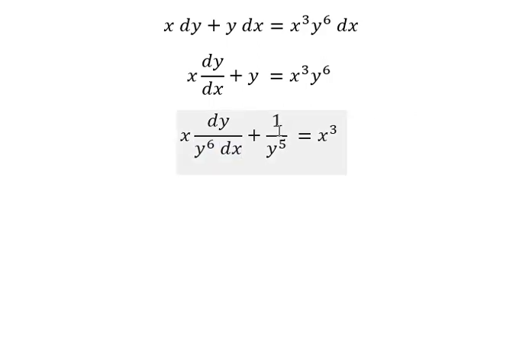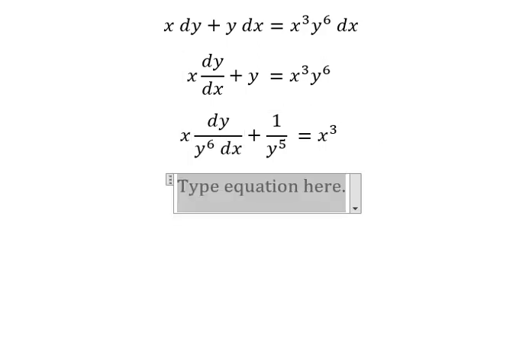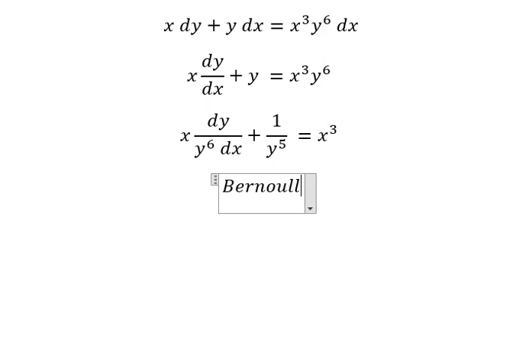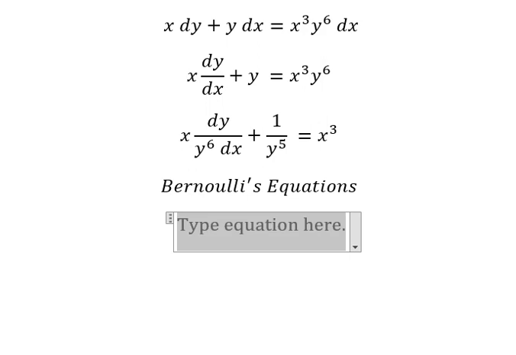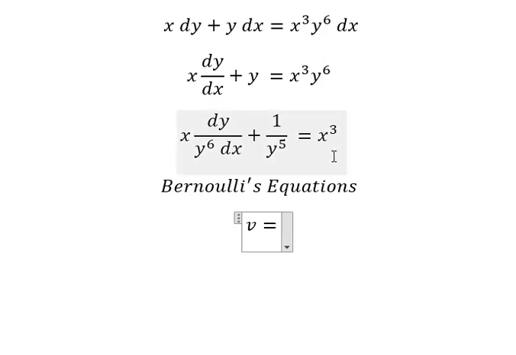So we have 1 over y to the power of 5, dy over dx, equals y to the power of 6. This is about Bernoulli's equation. So we can put v equals this one.